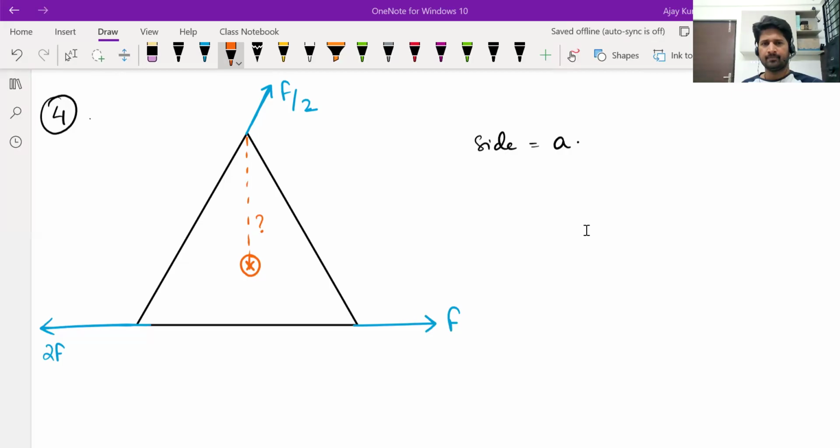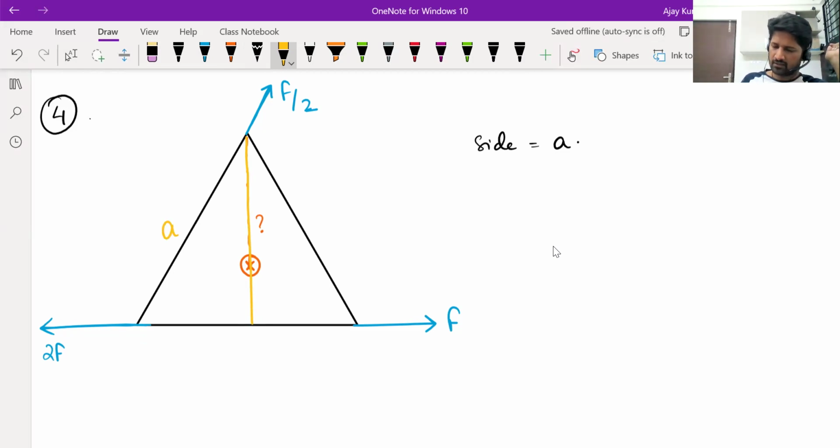Sir, I'm not sure, but it should be like 2/3 of the total height of the triangle. 2/3 of the median. Okay, correct. But how will you get the total length of the median? All the way from here to here, how much is it? Root 3a by 2.